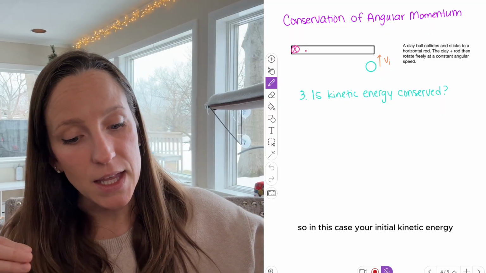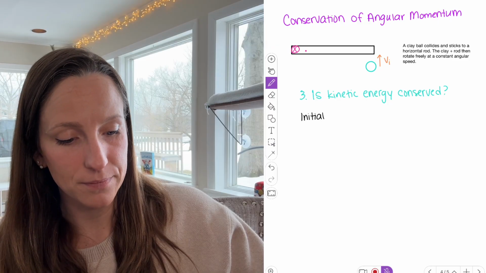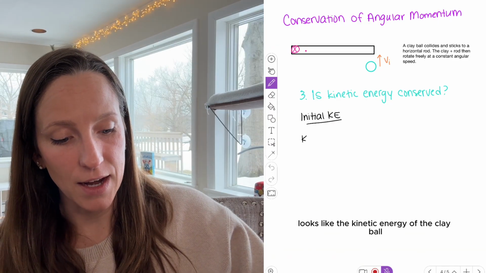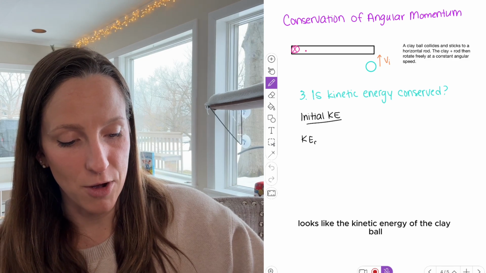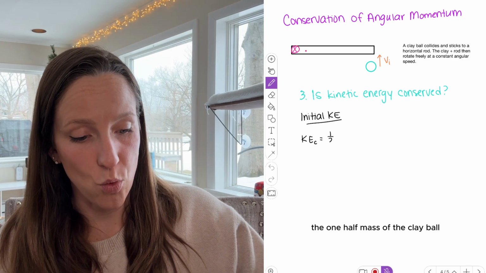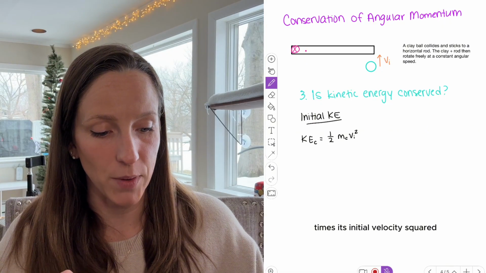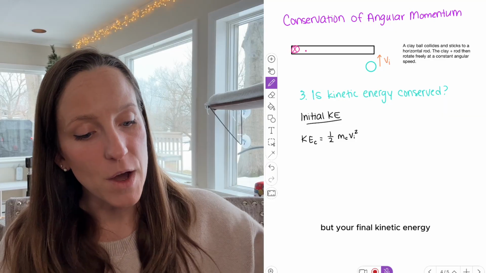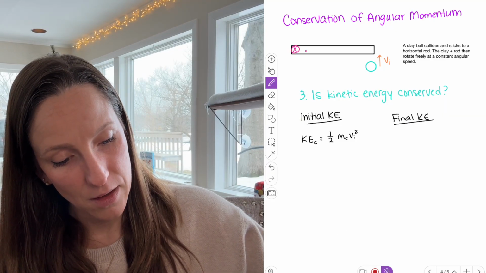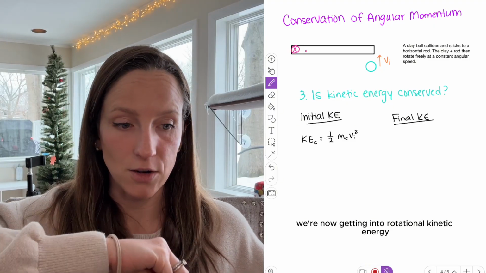So in this case, your initial kinetic energy looks like the kinetic energy of the clay ball before that impact. So you have 1/2 the mass of the clay ball times its initial velocity squared. But your final kinetic energy, we're now getting into rotational kinetic energy.